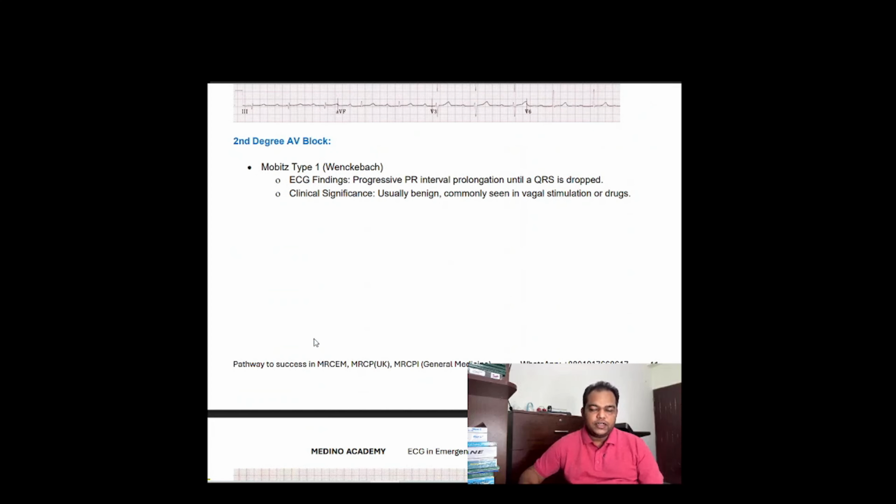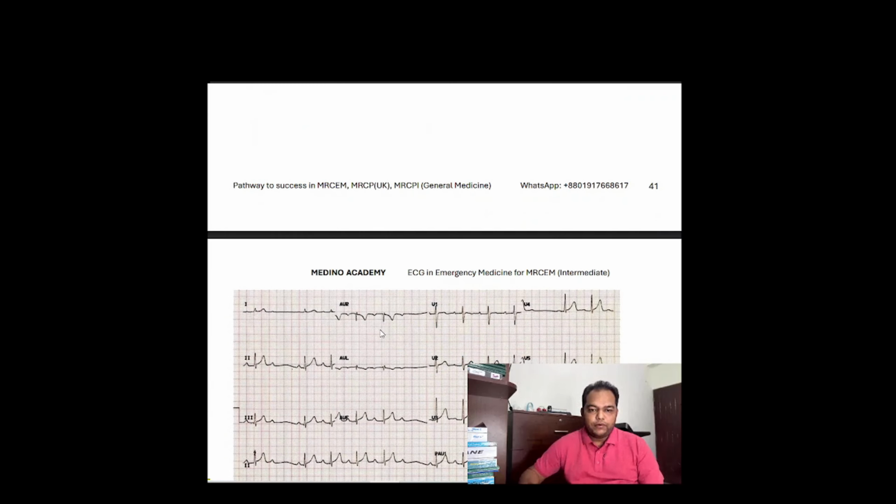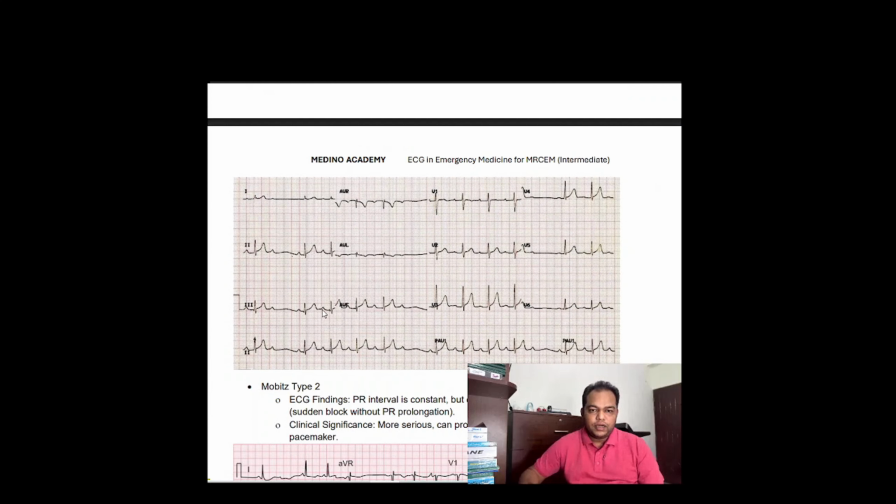In case of second degree AV block, we can further divide it into two groups that we have already mentioned: Mobitz type 1 and Mobitz type 2. In case of Mobitz type 1, there is progressive lengthening of the PR interval, followed by a sudden drop of the QRS complexes.